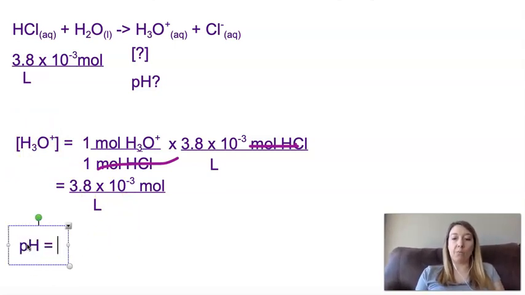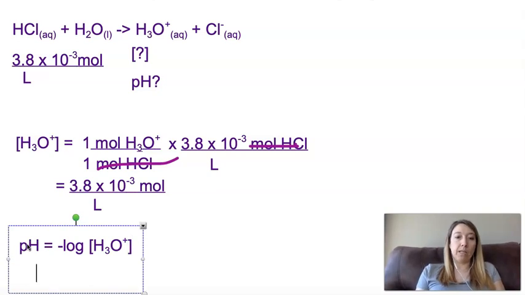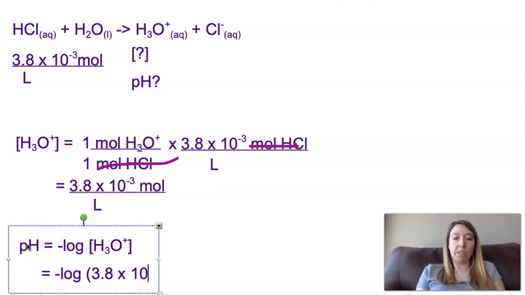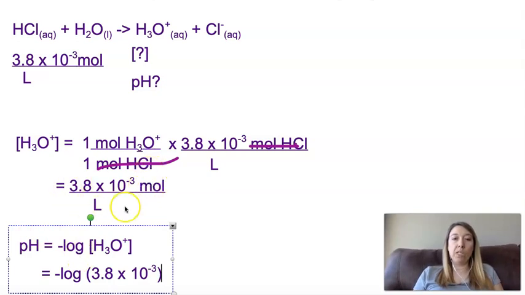Now that I've actually calculated the concentration of hydronium, I can go about calculating the pH, because we know that it's equal to negative log of the concentration of hydronium, which we have just calculated. So we can say that it is equal to negative log of that 3.8 times 10 to the negative 3. One thing to point out, we're using the answer from this to do this.